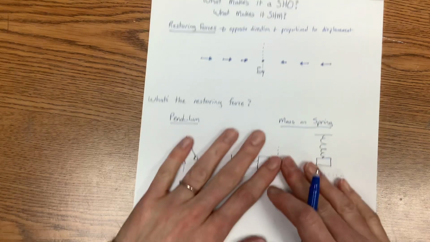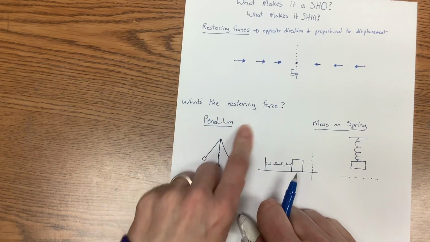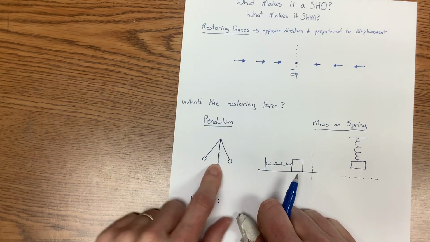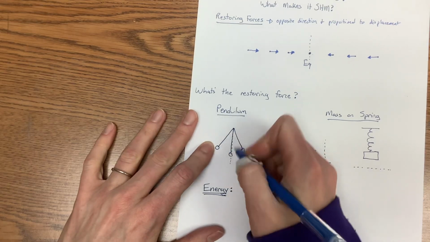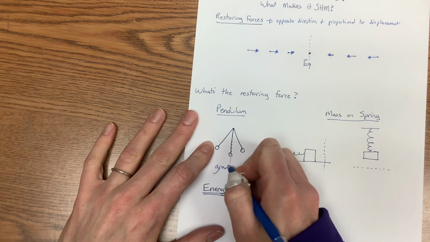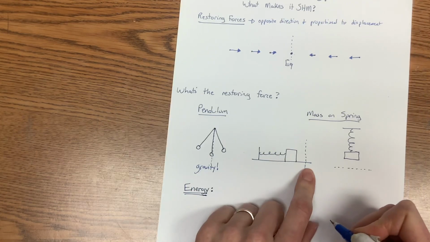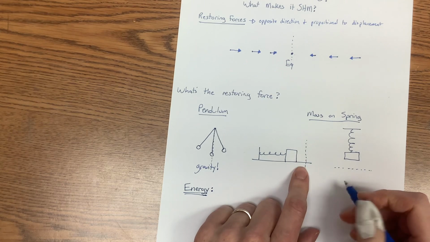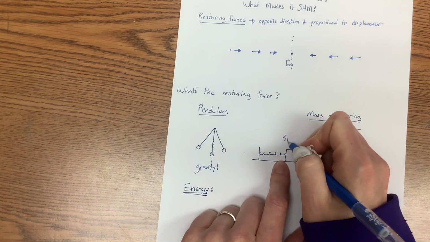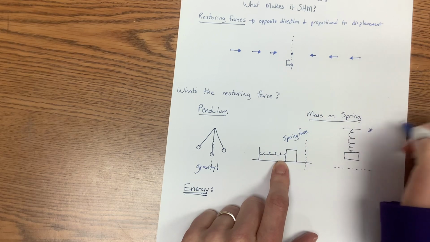Okay, let's look at these down here. So here's my pendulum. What's the restoring force for my pendulum? Well, when I pull it up, what pulls it back down? Gravity. We'll talk a little bit more about how that works in lesson 2, but just to know that it's gravity right now is enough. What about the mass on the spring? We haven't talked about this one yet, but we'll get to it in lesson 4. There's a spring force, and then this one is even more kind of weird.